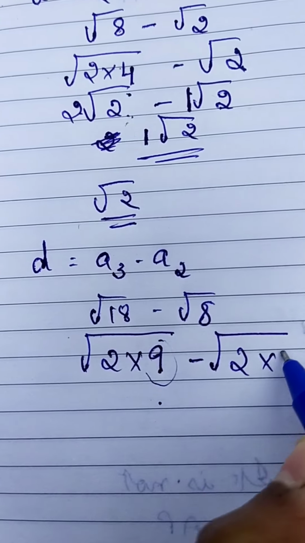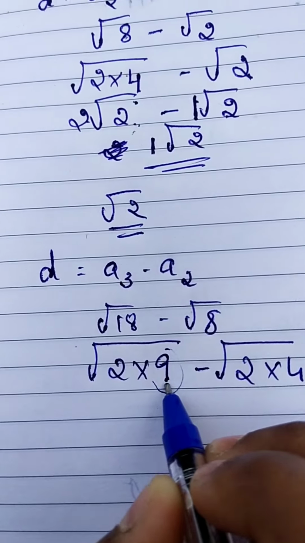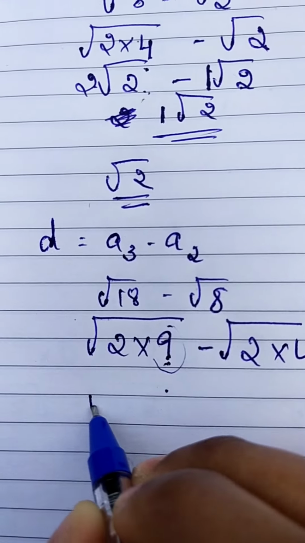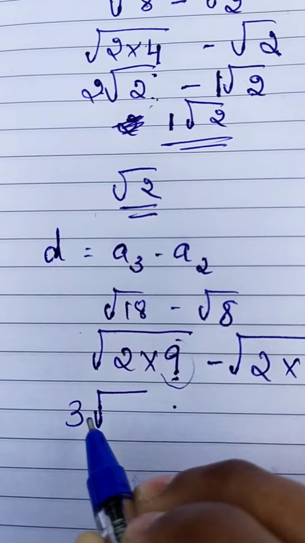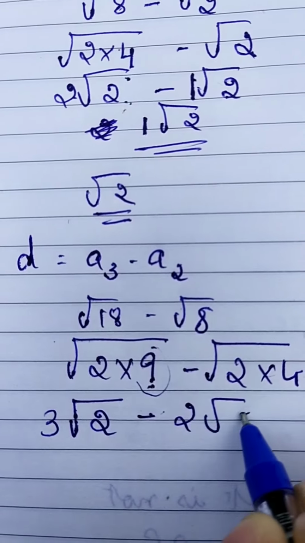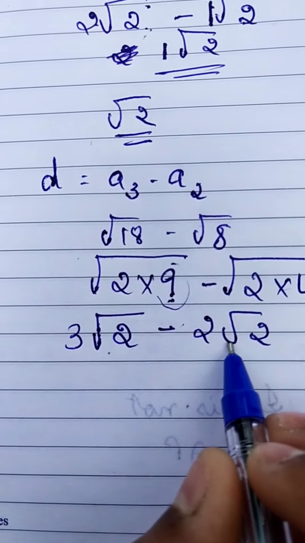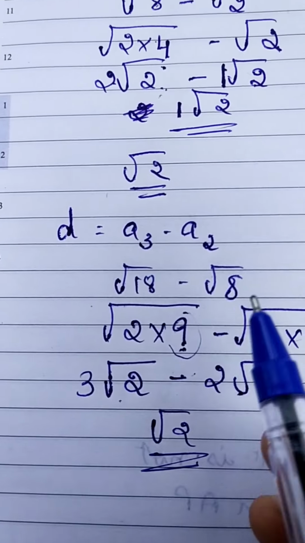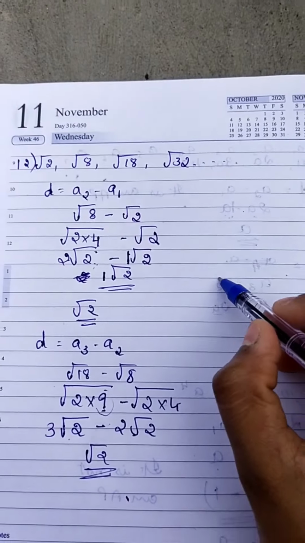There 2 into 4, here 9. What is the root of 9? That is 3. And root of 4 is 2. So here also 3 minus 2 is 1, that means root 2. That means the common differences are the same. It is an AP.